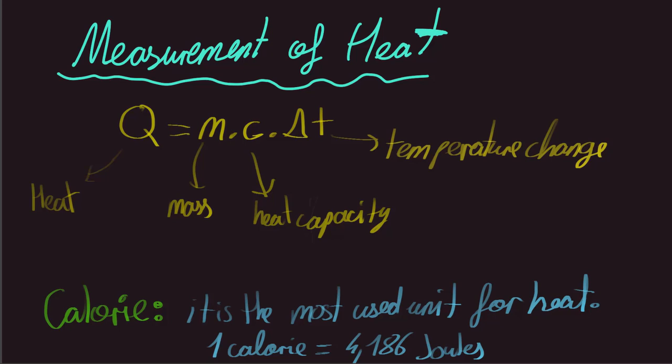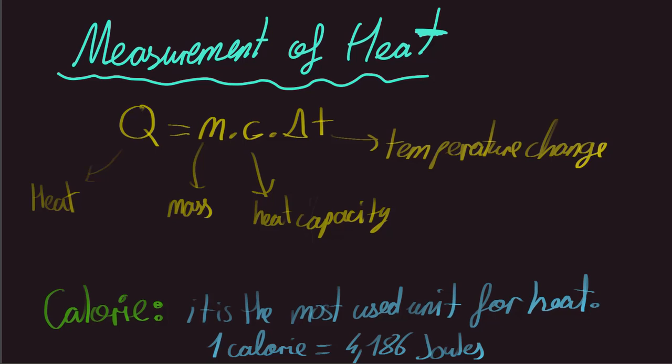But before looking at the formula, I wanna teach you something else. The amount of heat transferred can be determined by measuring the temperature change of a known mass of a substance that absorbs the heat.